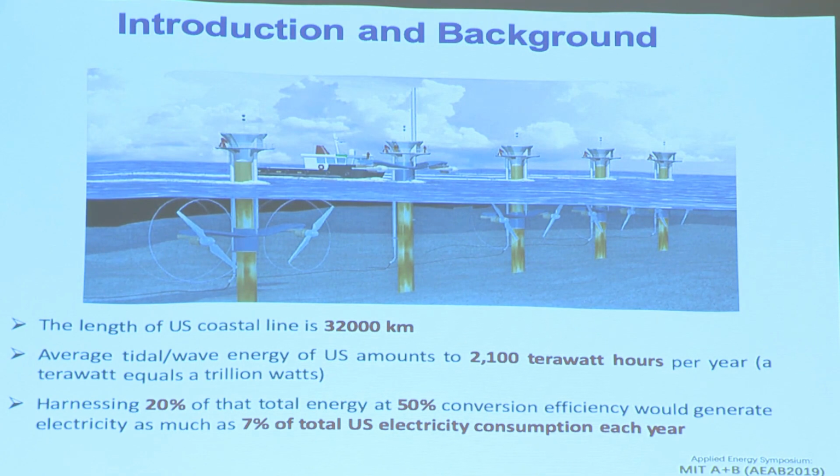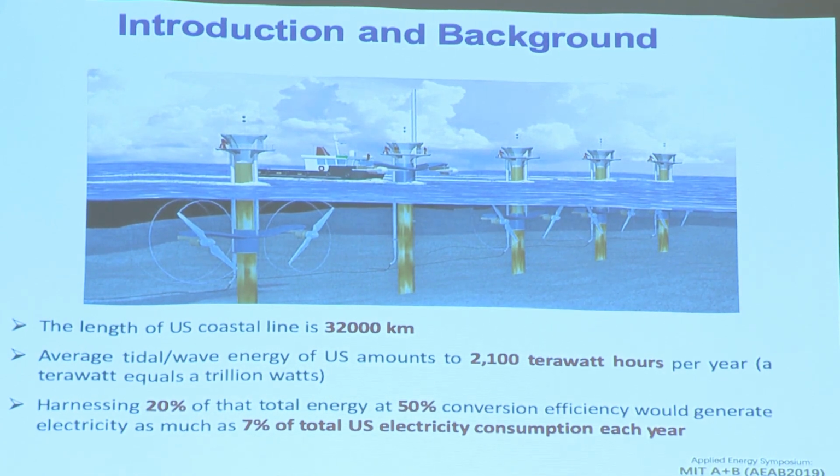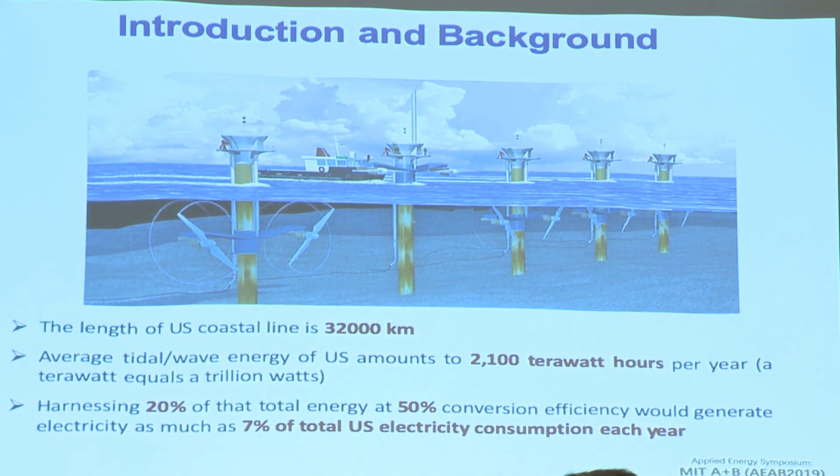Each year, the average tidal wave energy of the United States is around 2,100 terawatt hours. If we only harness 20% of this amount with 50% conversion efficiency, we can provide 7% of the total U.S. electricity consumption each year. So it is very huge.